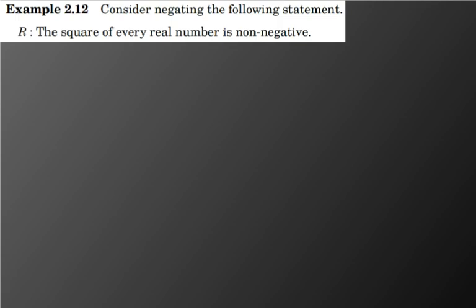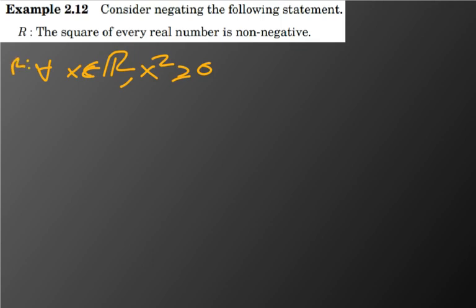So I just want to do a few examples here, actually I think 3 examples, showing how negating this kind of stuff can work. If you have the statement, the square of every real number is non-negative, we could put that into symbols as for all x in the reals, x squared is greater than or equal to 0.